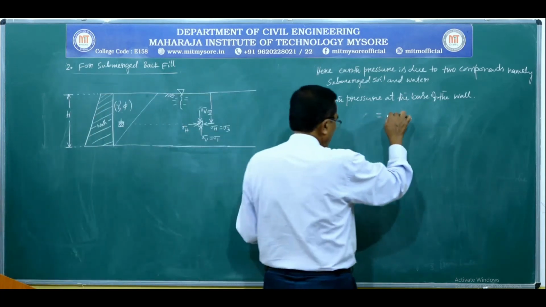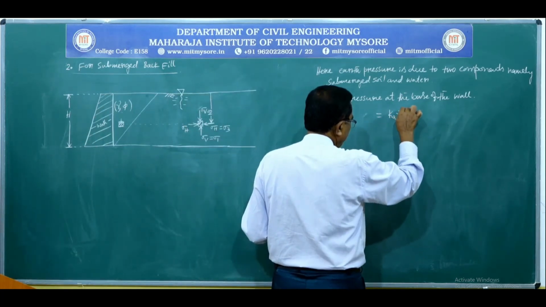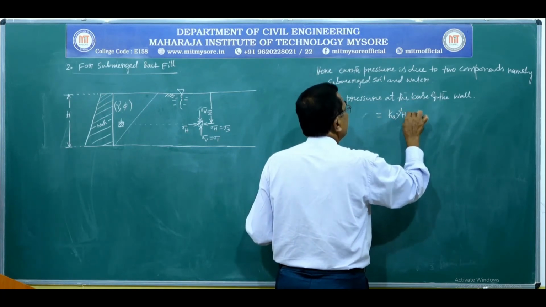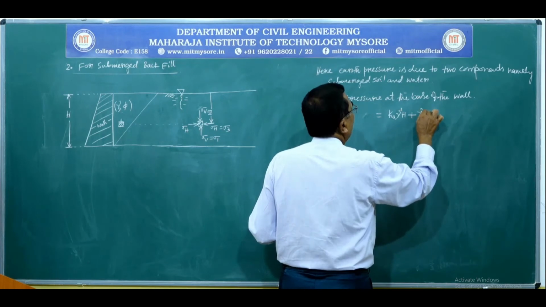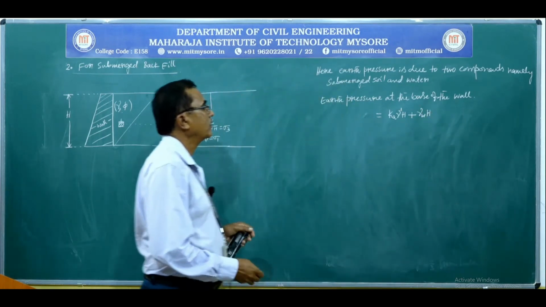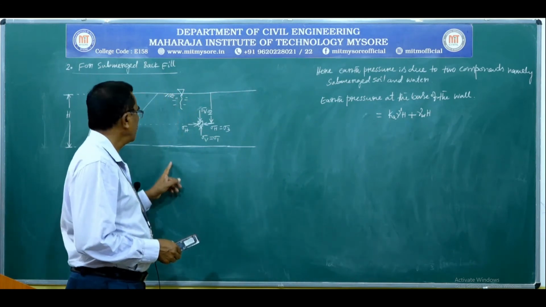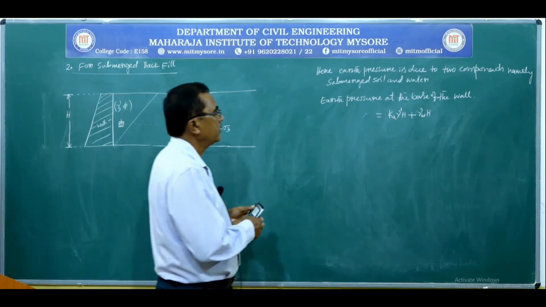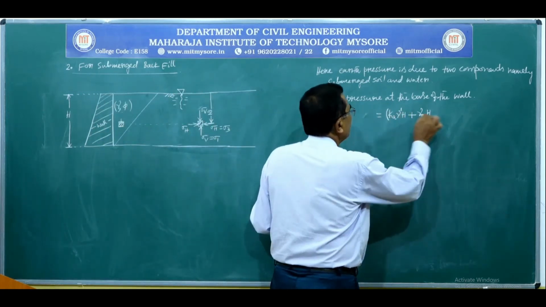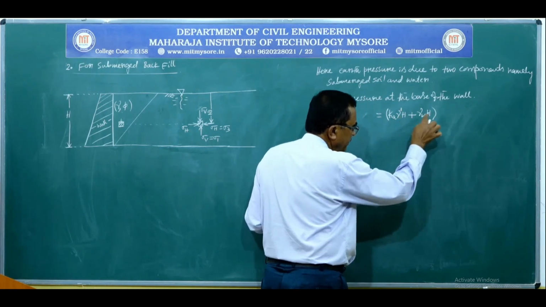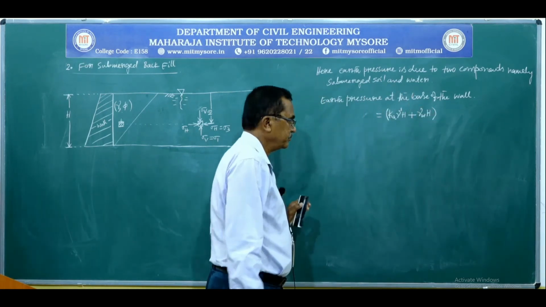That is equal to Ka into submerged unit weight gamma dash into H plus gamma W into H. So earth pressure at the base of the wall is due to two components, namely submerged weight of soil and water.